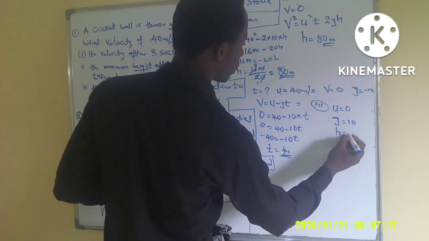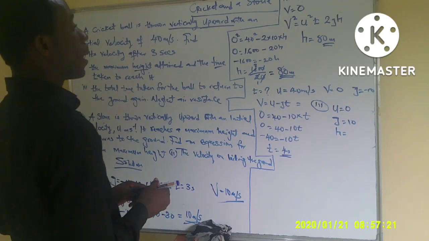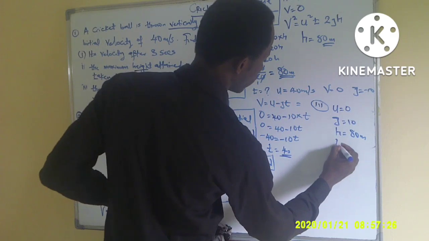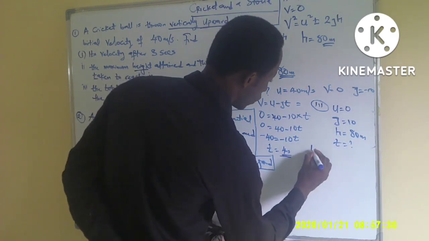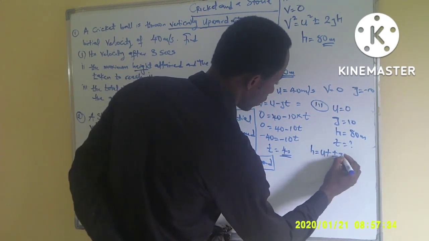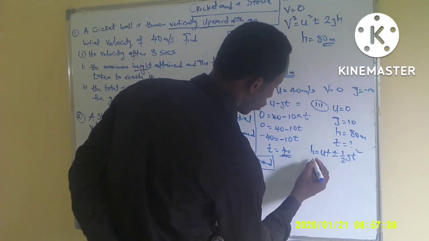Remember that the maximum height is 80 meters, then t we don't know. So let's use the equation h is equal to ut plus or minus 1/2 gt squared.